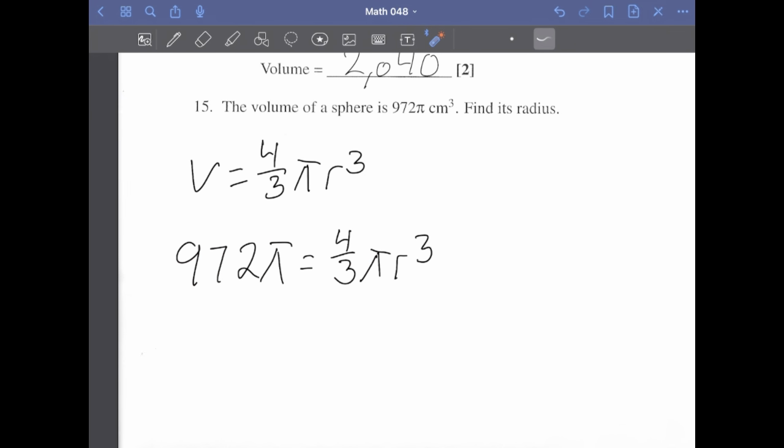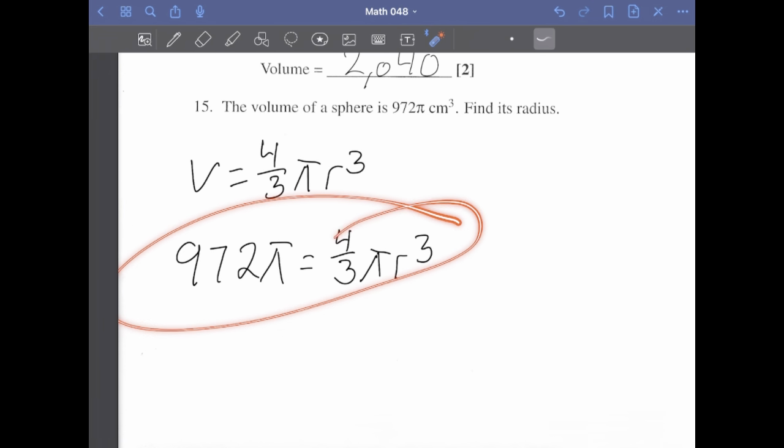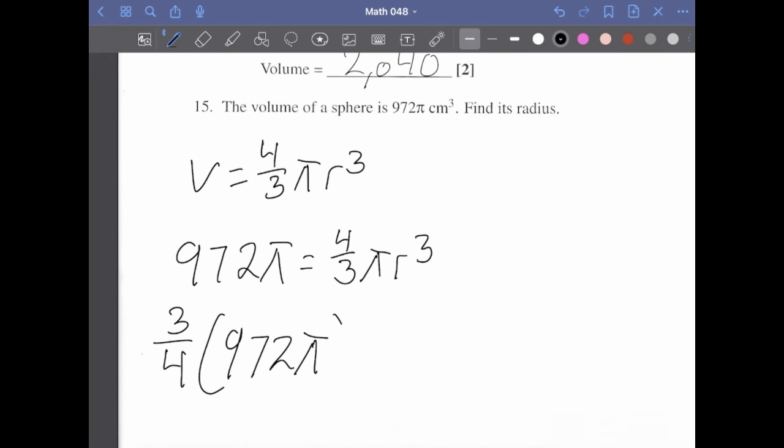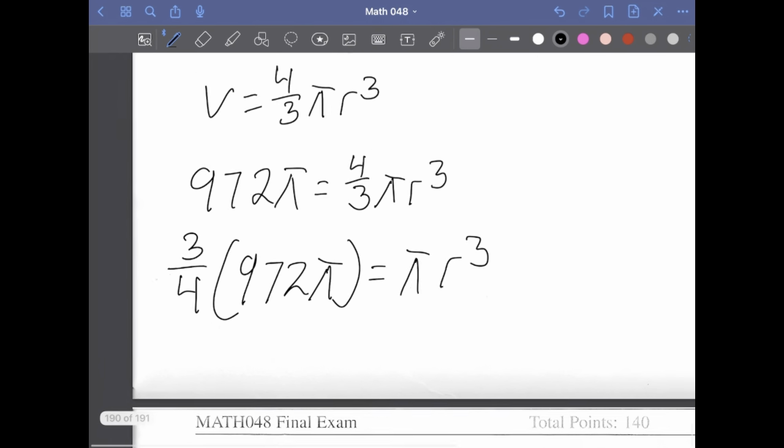We're going to multiply this entire equation by 3 over 4, so we can move the fraction from here over here, because we want to get r isolated. So I have 3 over 4 times 972 pi. That's equal to, when we multiply this side by 3 over 4, they cancel out and that'll be 1. So you'll be just left with pi r cubed.